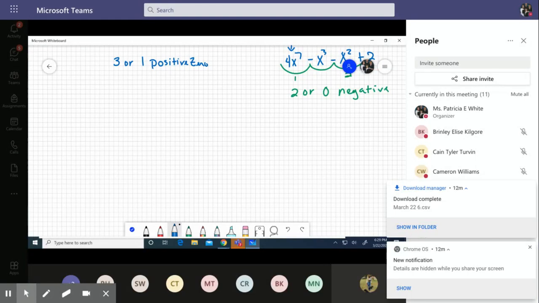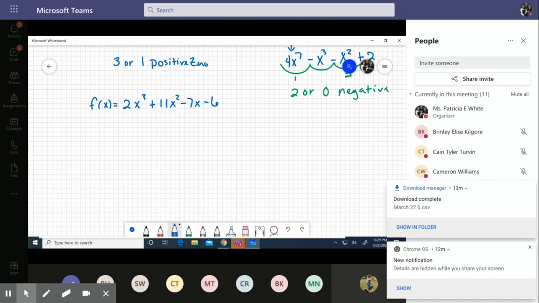I have f of x is equal to 2x to the third plus 11x squared minus 7x minus 6. What are all the possibilities for those zeros?